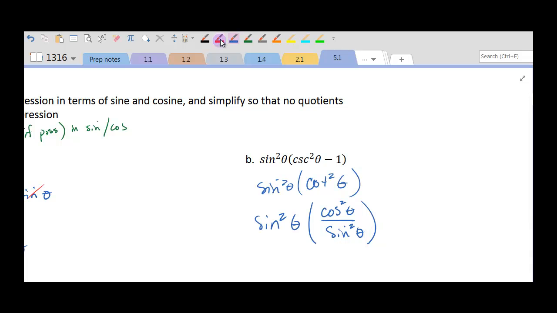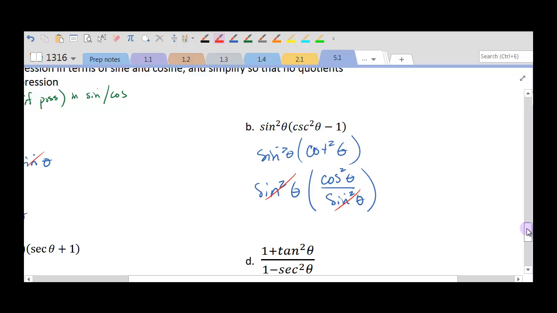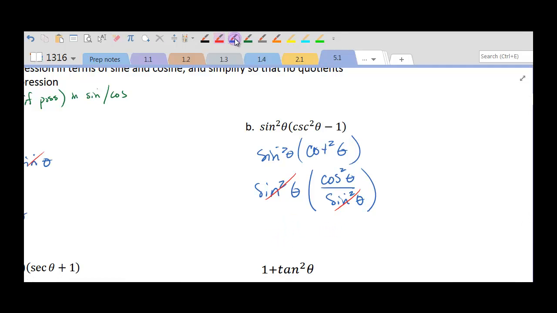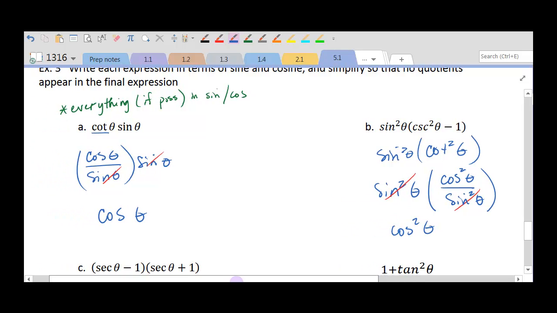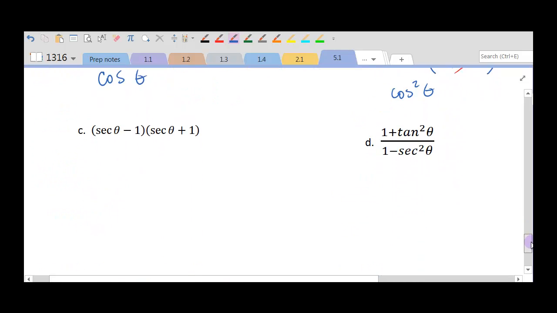So again, fractions will reduce diagonally, and so will these trig functions, leaving me with just cosine squared theta. Okay, so the Pythagorean identity and the quotient identity are going to be key here. Let's look at this next one.